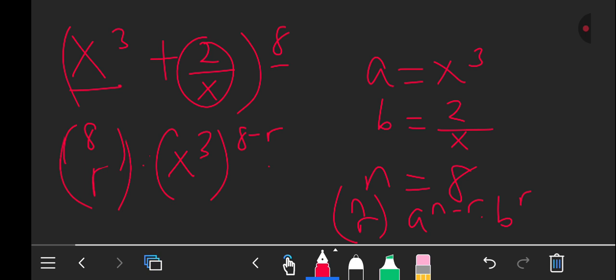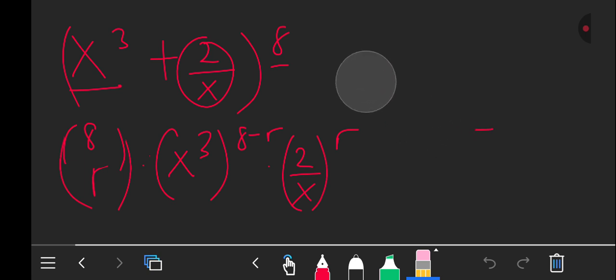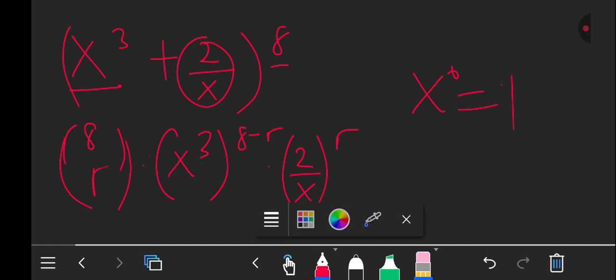Then b to the power r, our b, it is 2 over x raised to the power r. So when you've been told to find the term independent of x, it means that the variable attached to that certain numerical value is x to the power 0, because when you have x to the power 0, the answer is just 1, okay? So that is the implication there.